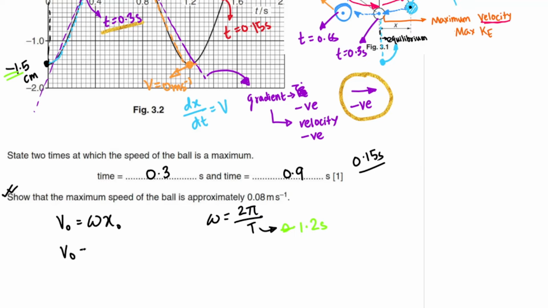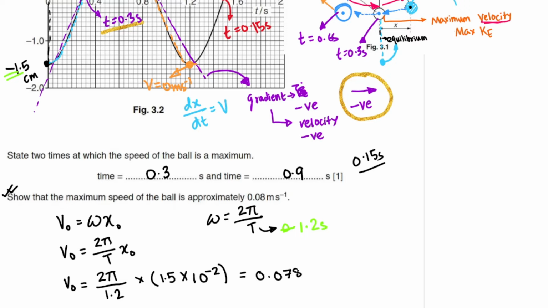So v naught is 2 pi by T times x naught, and we know that the maximum displacement is 1.5 centimeters. So the maximum speed is 2 pi over 1.2 times 1.5 times 10 to the power minus 2, which will give me a maximum speed of 0.078 meters per second, which is approximately 0.08 meters per second.